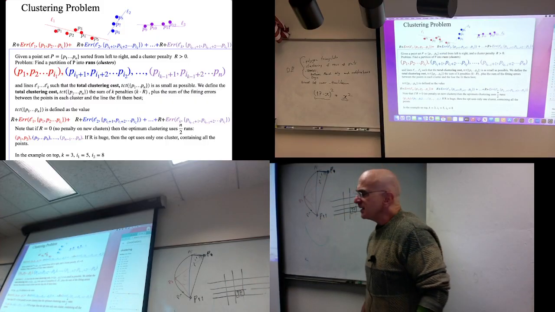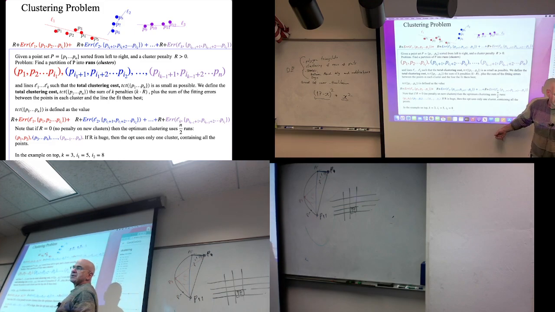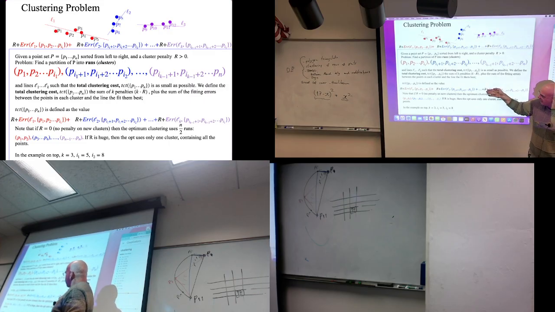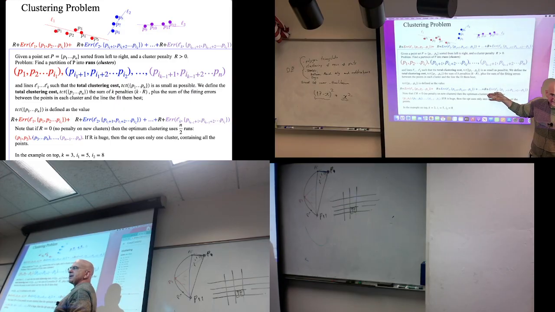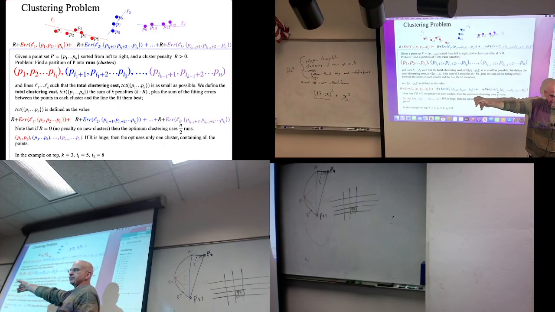So one way that I control it is to say I have a target number of clusters. Another way to control it is to say, let's decide that every time we add a cluster, there is some penalty involved. The penalty is not something that we calculate. The penalty is something that the user can fine-tune. The user can change the penalty, and as you change the penalty, the number of clusters will change.